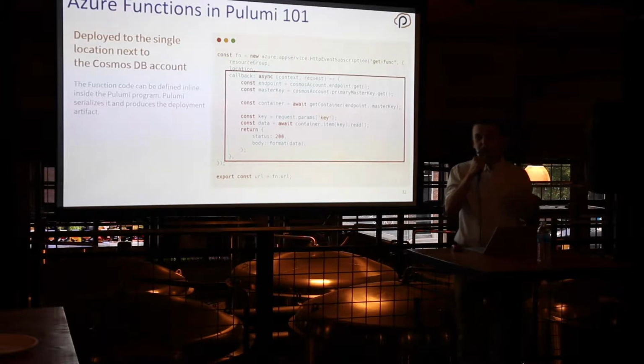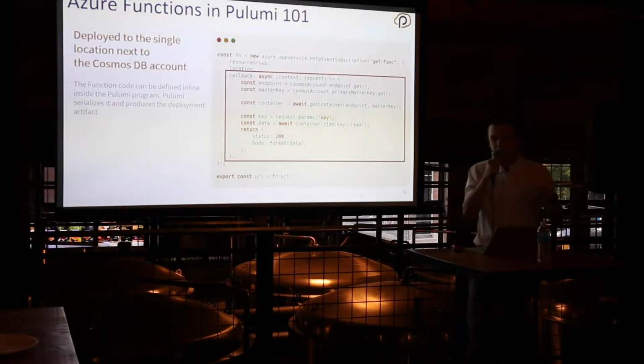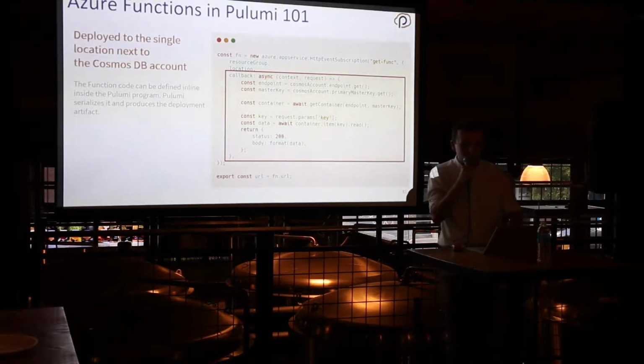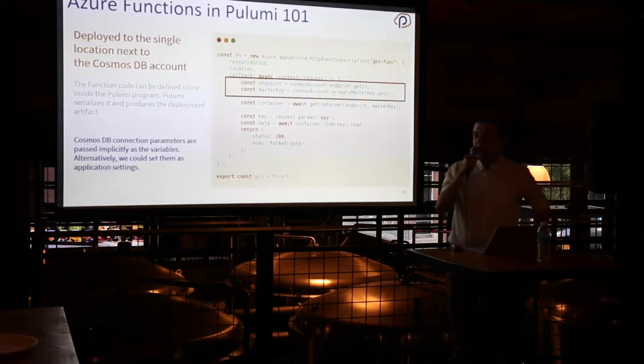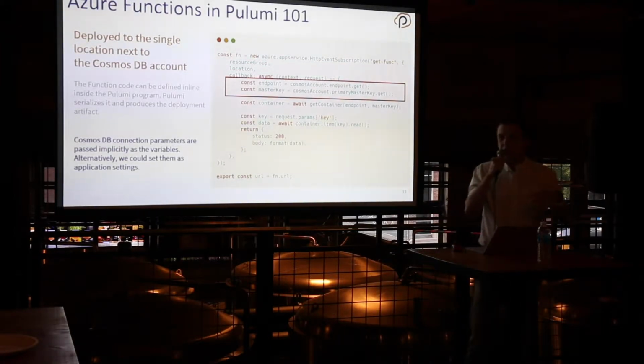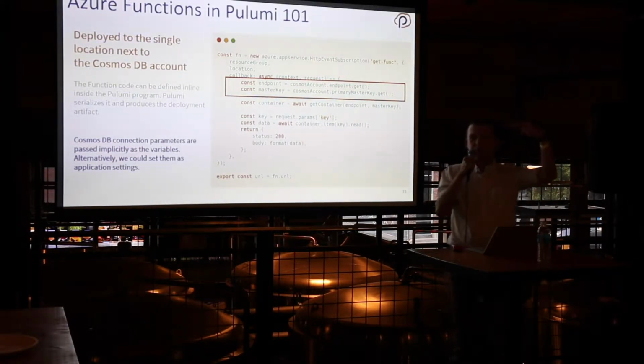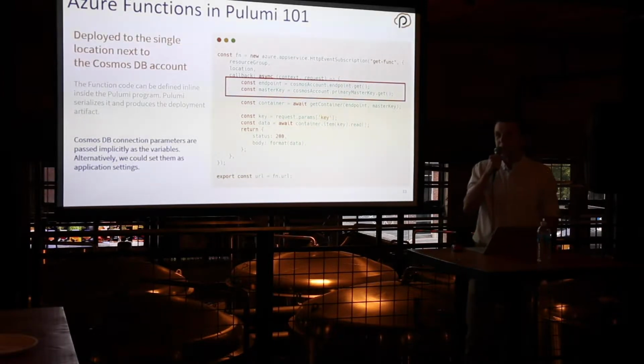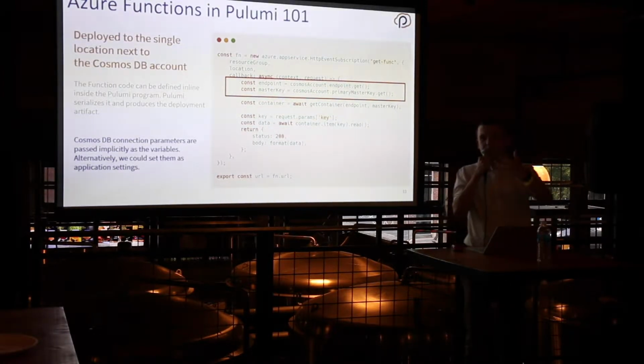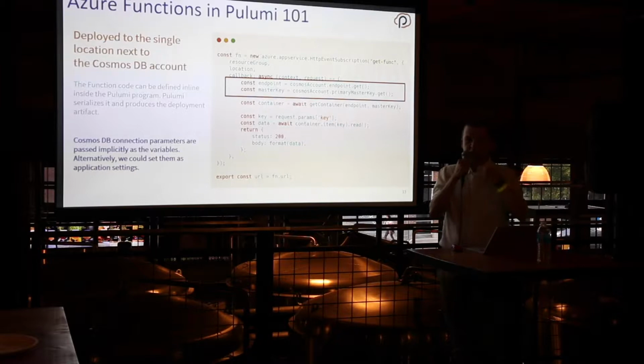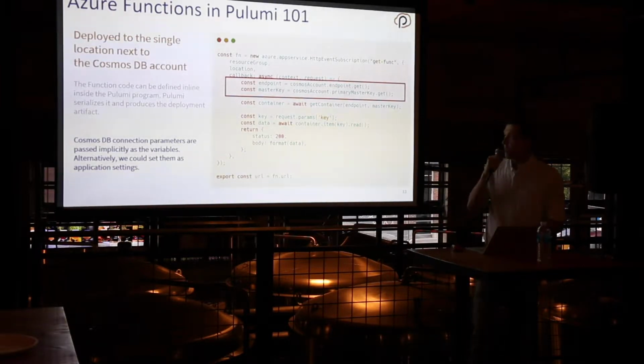And I just write a JavaScript function with request and response and do whatever I want there. So another cool thing there is in the body of that function I can just use a variable, Cosmos account, that I just defined on the previous slide and use it as just any other JavaScript variable. I can get keys for my connection string just out of there without taking much care.